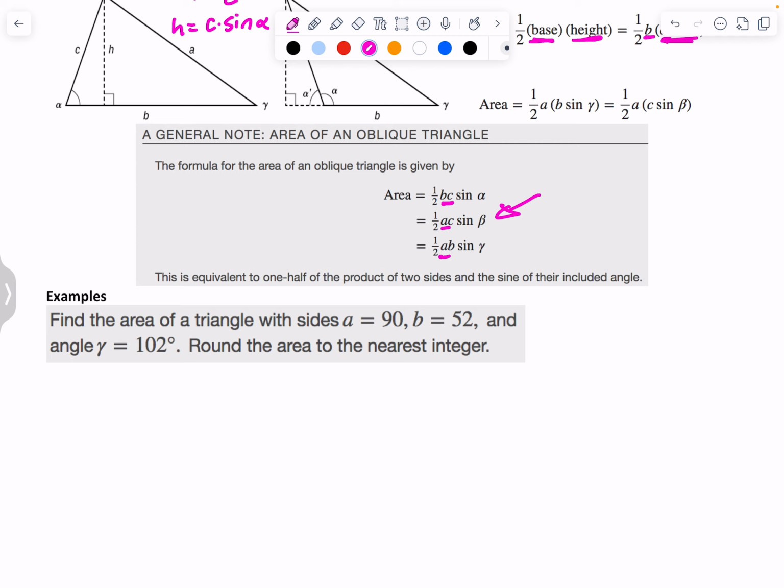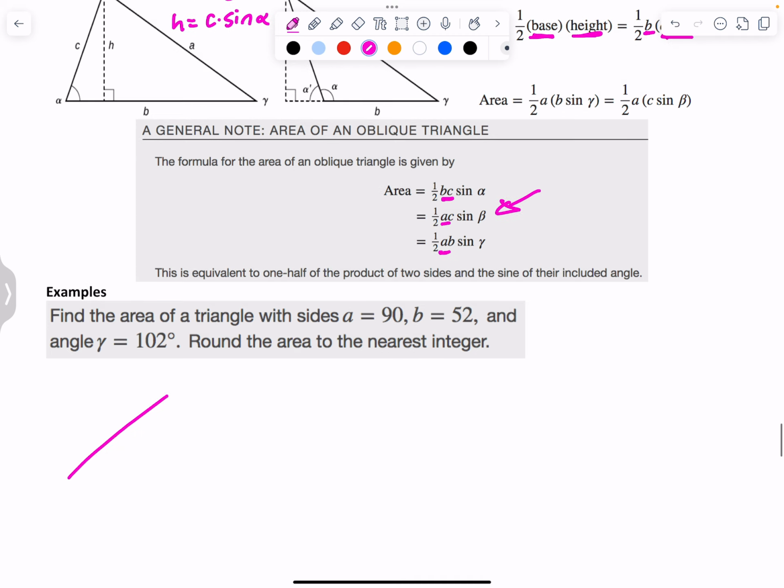So what did they give us? All right, so I'm going to go ahead and draw my triangle. I need to see what I have. All right, so alpha, beta, gamma, 90, 52. And then they gave us this 102.